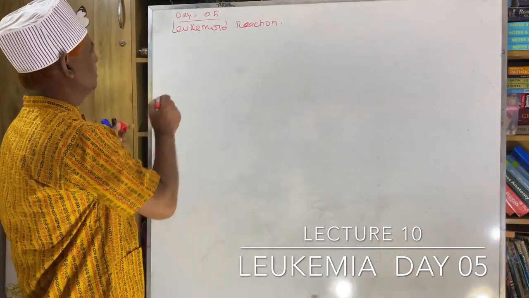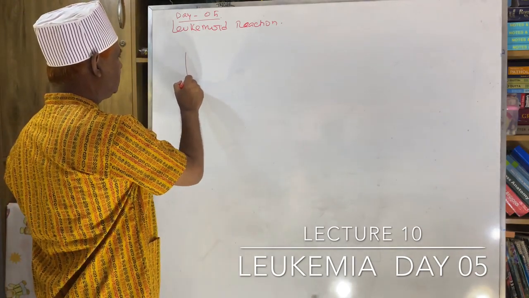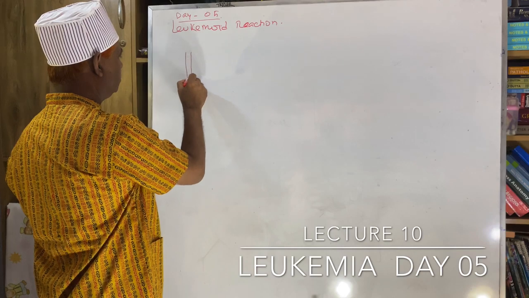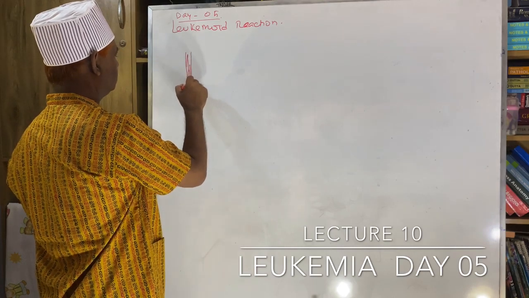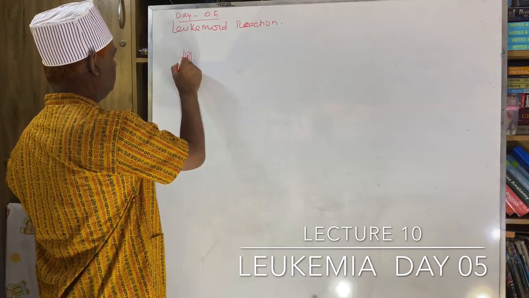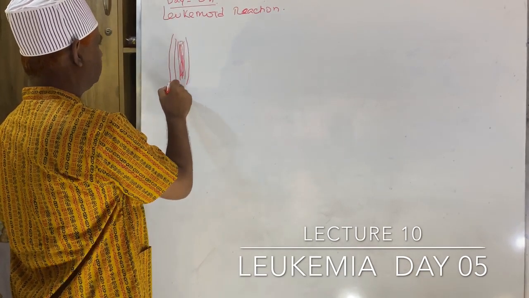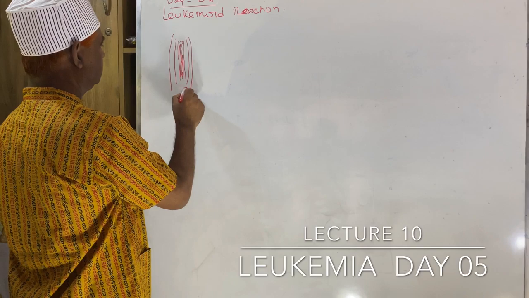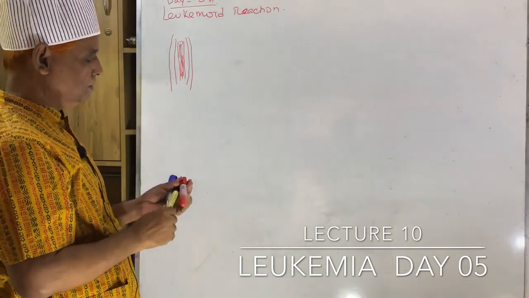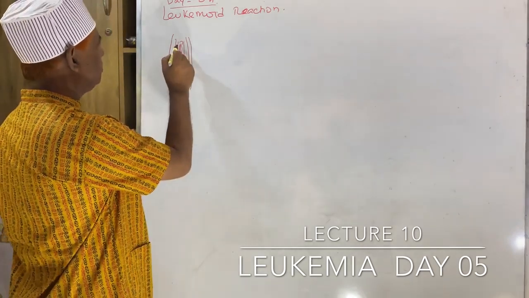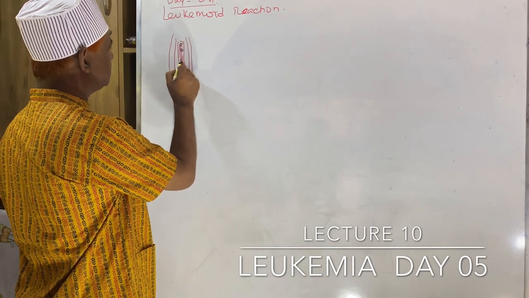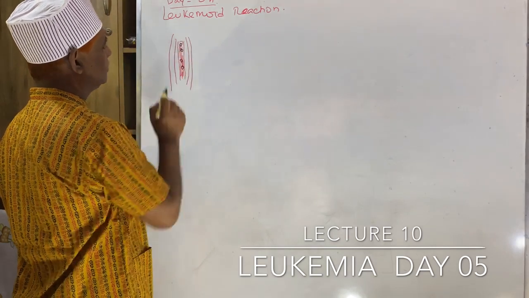So, suppose this is the bone marrow, and this is the medullary cavity containing bone marrow, and this is the bone. By definition, within the bone marrow there are hematopoietic stem cells.